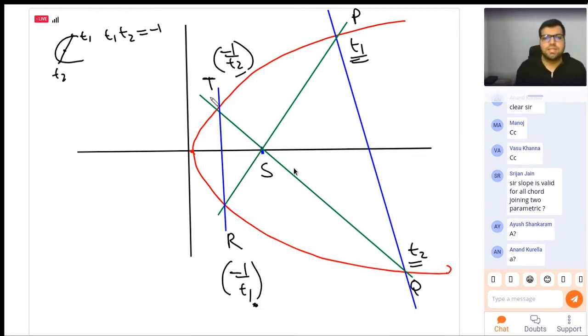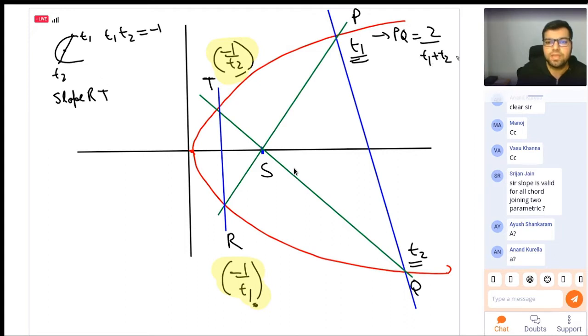Next, regarding the slope, what is the slope of RT? I told you the slope is given by 2 over T1 plus T2. If you would have asked me the slope of PQ, I would have told you it is 2 over T1 plus T2.